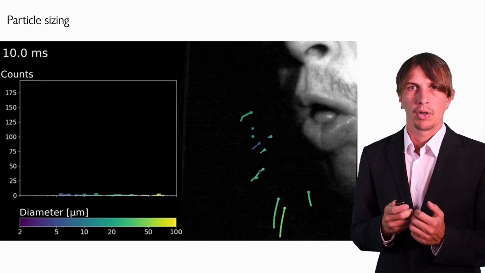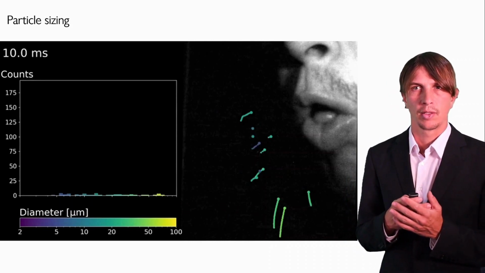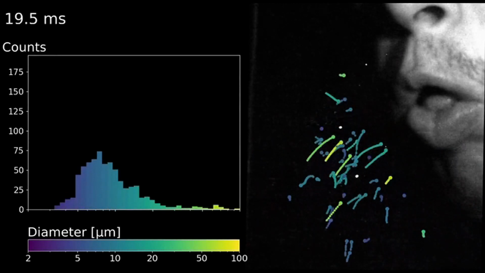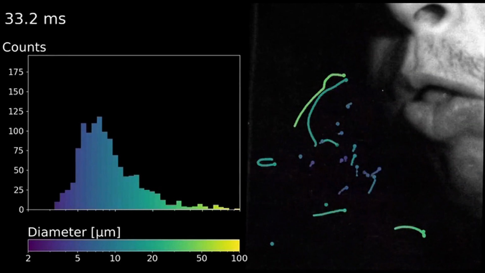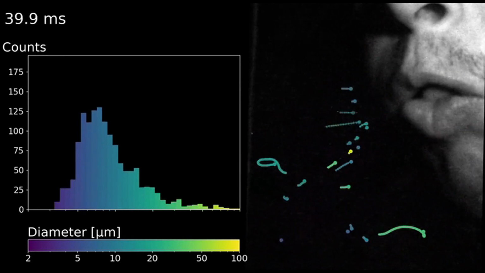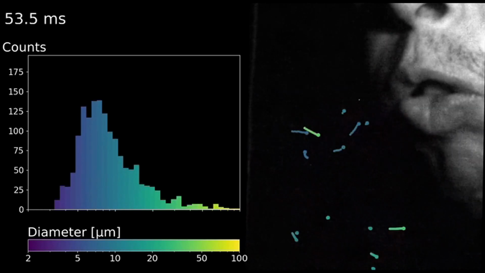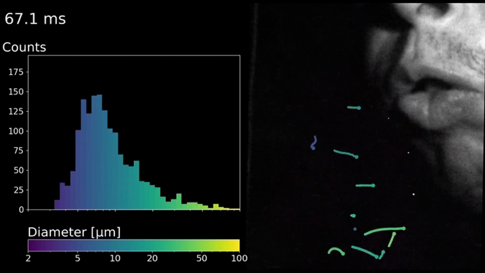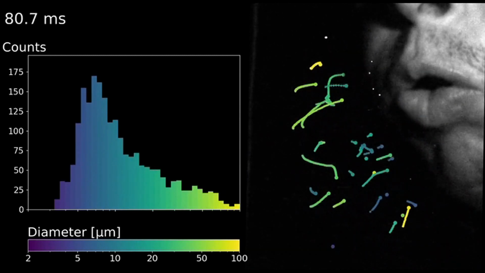Now is an example of the results. We can size droplets exiting the mouth. And we can see the diameter increasing, so we know the number of the droplets and the size. And at 70 milliseconds, many droplets are exiting.